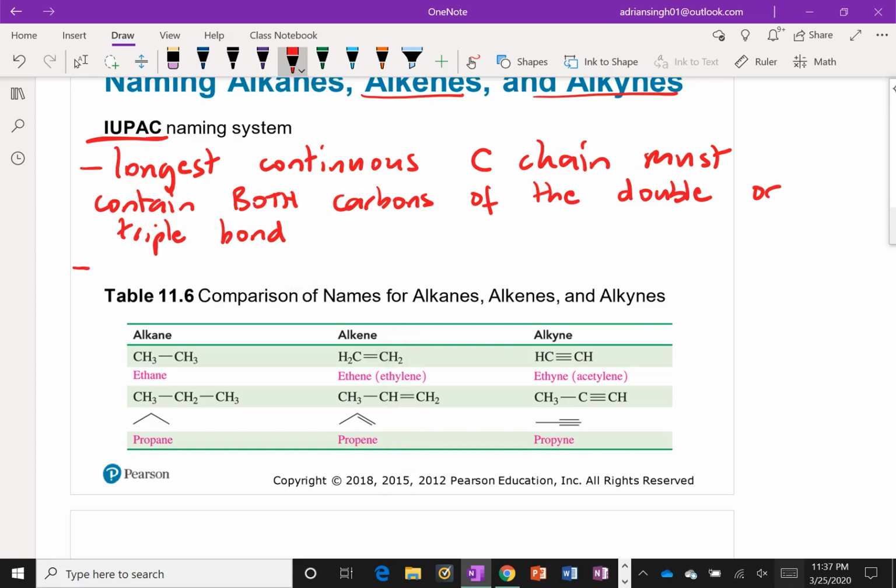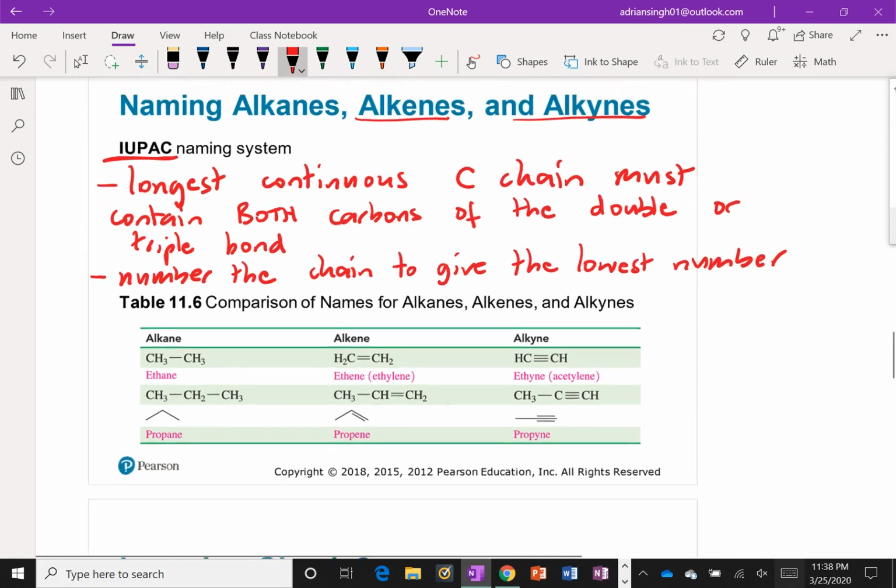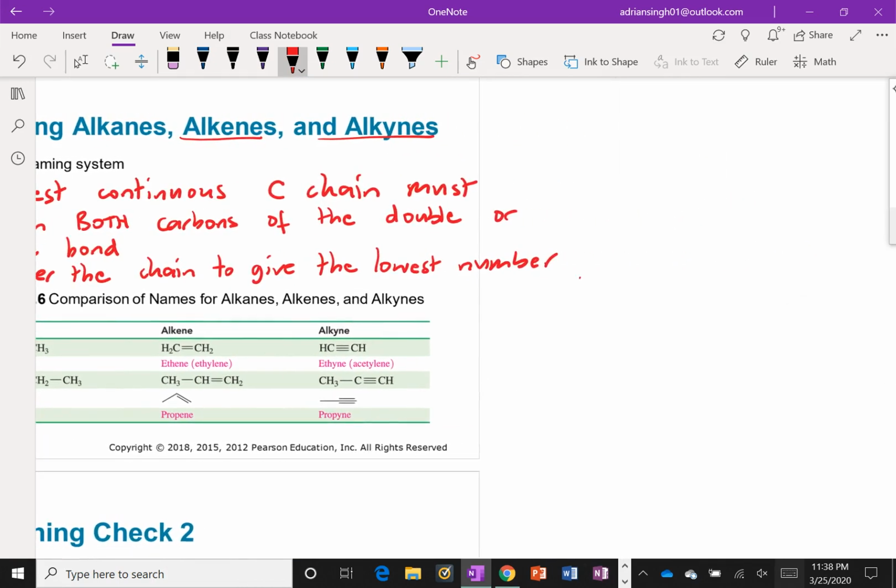The presence of the double or triple bond also establishes your numbering system. So we're going to number the chain to give the lowest number possible for the carbon that starts the double or the triple bond.